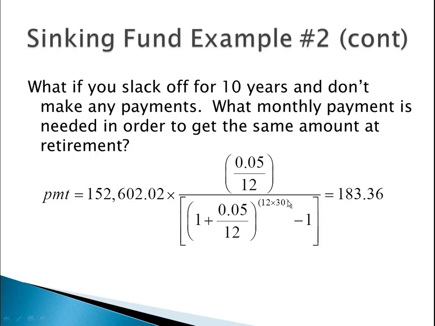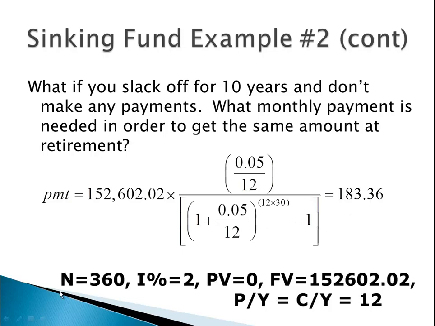The modification for this part of the problem is 30 years instead of the 40, so that makes it a 360 power. When you crunch that out, we get 183.36. So in order to end up with 152,602, I've got to now make payments of $183. That's if I slack off those 10 years.